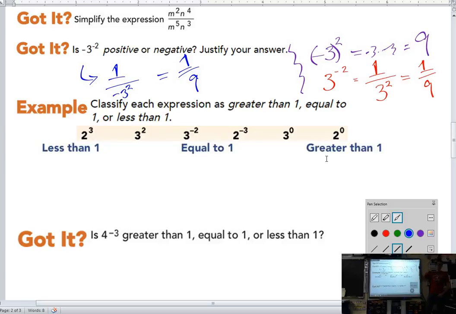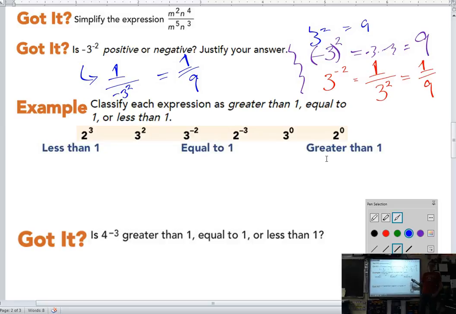In the same way that 3 squared and negative 3 squared are the same thing: 3 squared is 9, and negative 3 squared is also 9, which is why 3 to the negative 2 or negative 3 to the negative 2 both end up being 1/9. A negative squared becomes a positive. This is still squaring, but it's squaring in the denominator. Any questions on that?